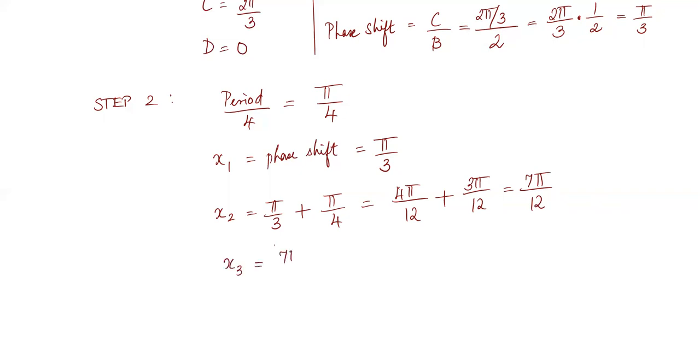X3 would be this 7 pi over 12 from x2 plus the pi over 4. In both these cases, LCD is 12, so it's enough that you adjusted just the second term. So multiply up and down by 3, that's going to be 3 pi over 12, which is 10 pi over 12. This again, we could simplify, but I want to leave it the way it is.